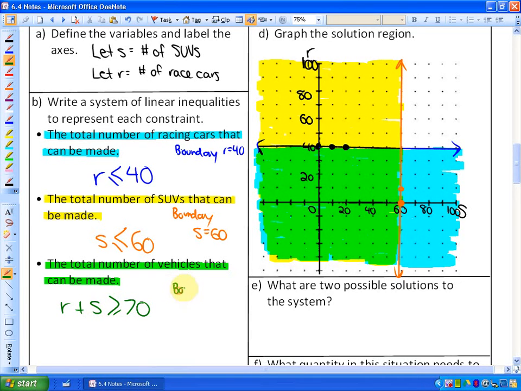So your boundary, whether you're using the equation or not, is where the total of racing cars and SUVs is exactly 70. So if you can come up with 2 points where it's exactly 70, here's one here, where SUVs is 70 and racing cars is 0, and here's another one.